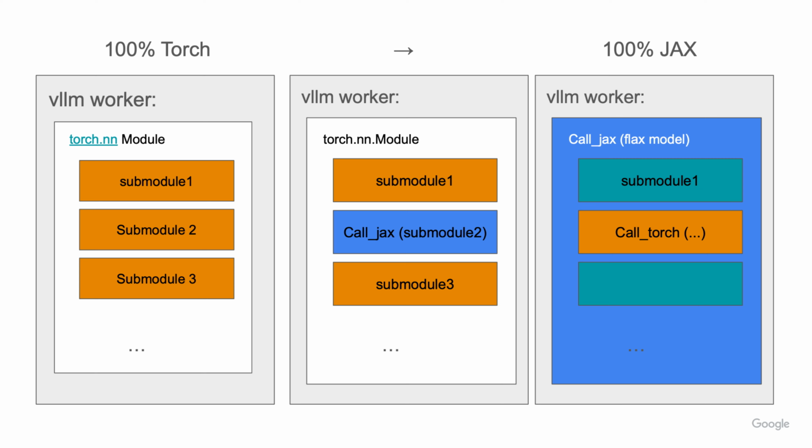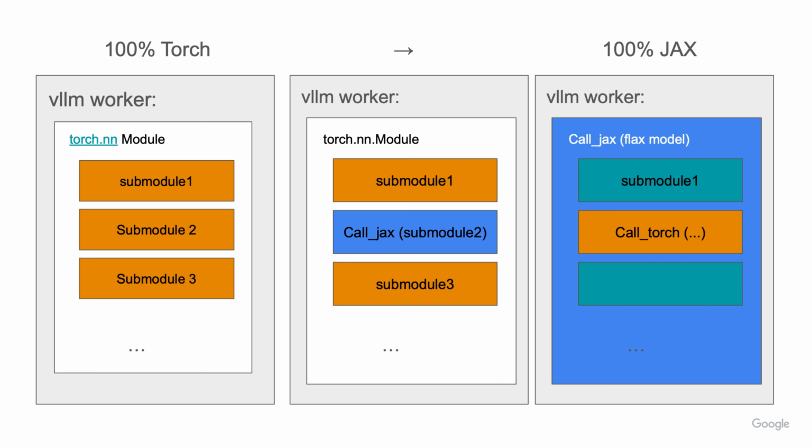Or if you are a little bit lazier, you say, okay, I'll replace the things that I know are fast with core JAX, and I leave a few submodules as torch modules wrapped in core torch. Because as we can see, you can go back and forth between torch and JAX as many times as you want. It's not that you go to JAX and you cannot come back.